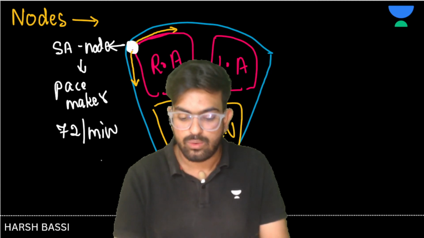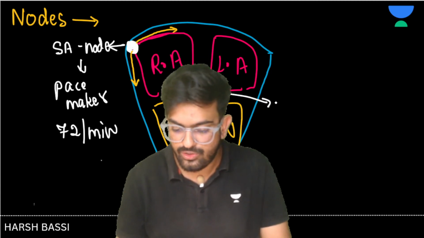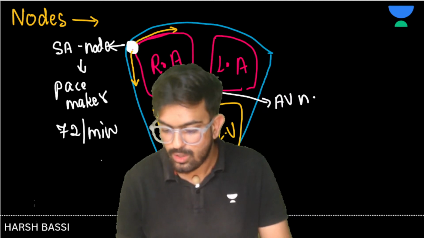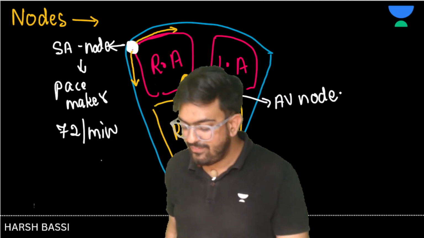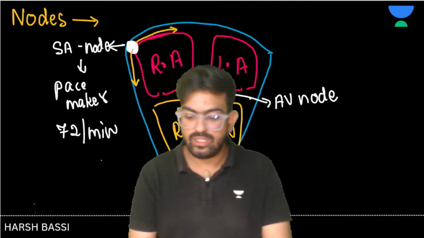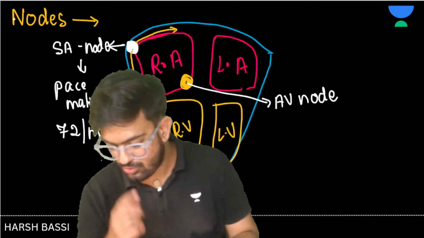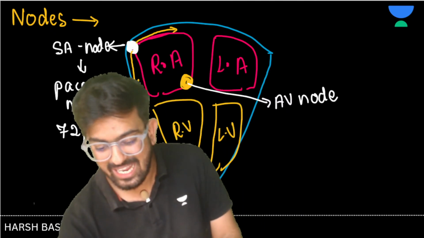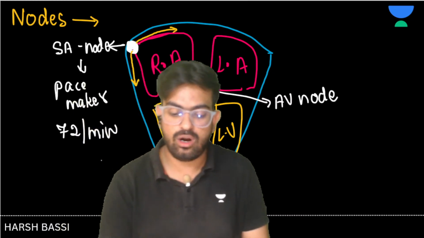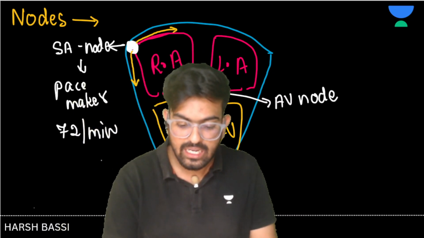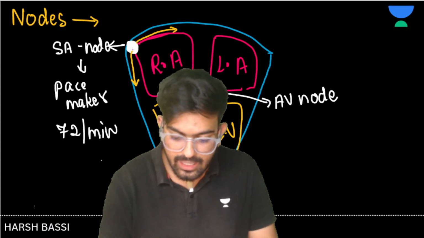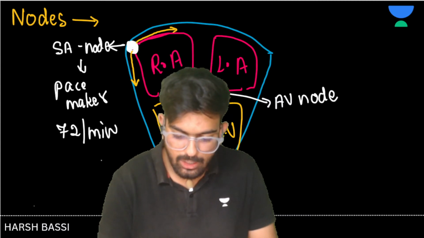Now from this AV node, it will go where? It will go to the bundle of His, sorry, the AV bundle or bundle of His.